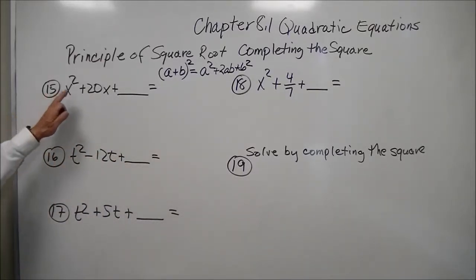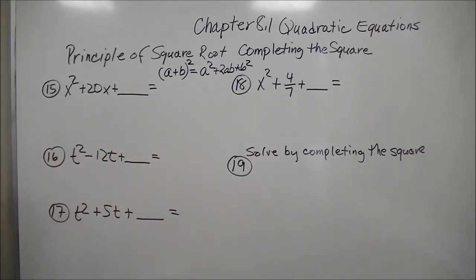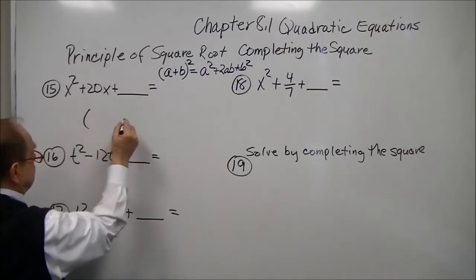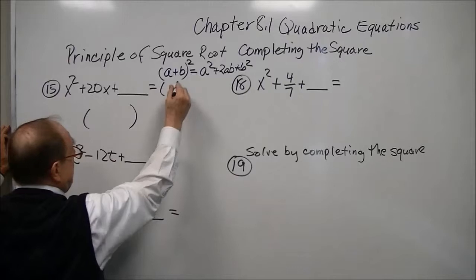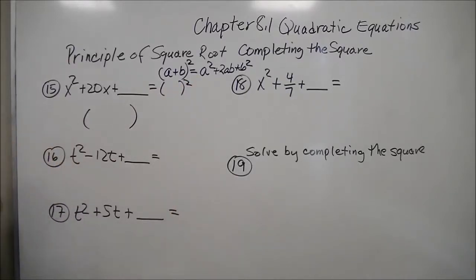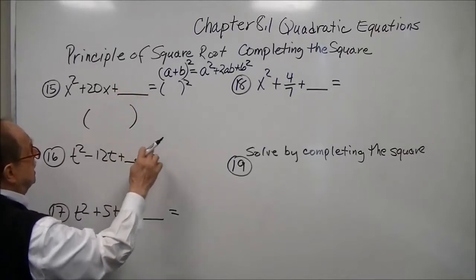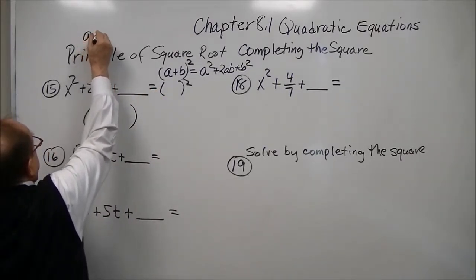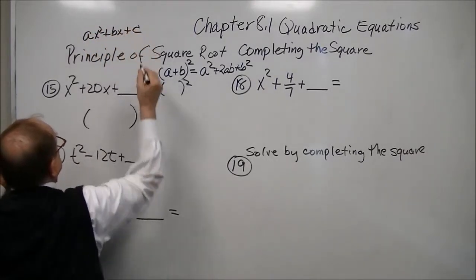Well, what we're thinking of here is that this is the first part of it. So what we want this to equal is, what is your binomial square here? And we're missing a term. And if you recall, the standard form is ax squared plus bx plus c.